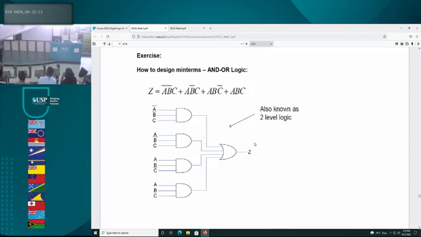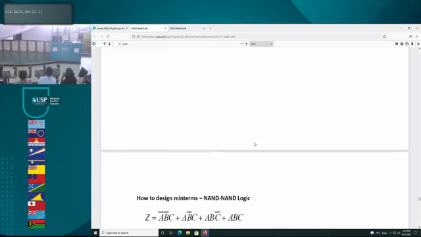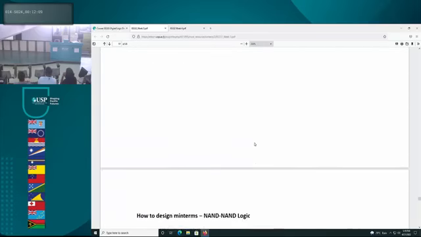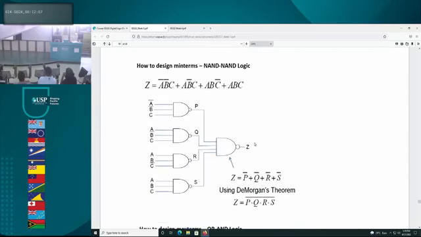It means the same thing. All right, now, this is the catch. So the last step is to bring it into a NAND realization, or a NOR realization.